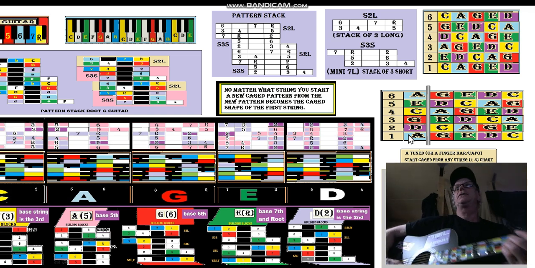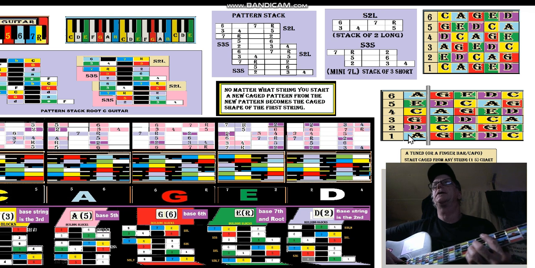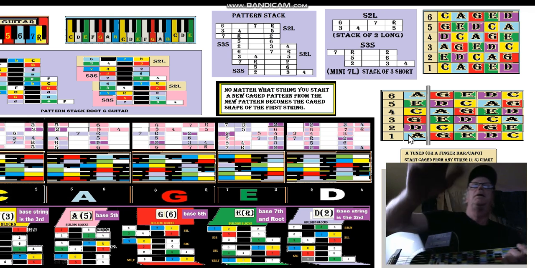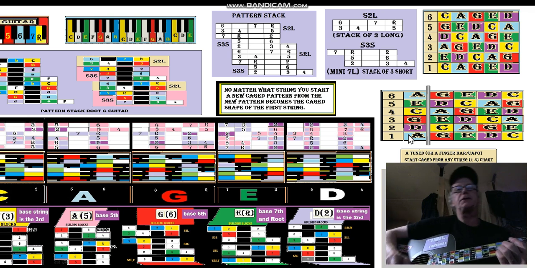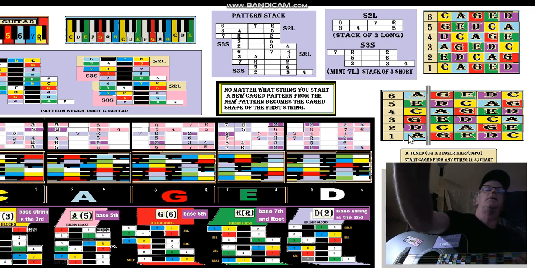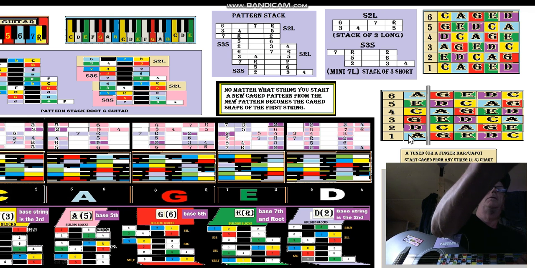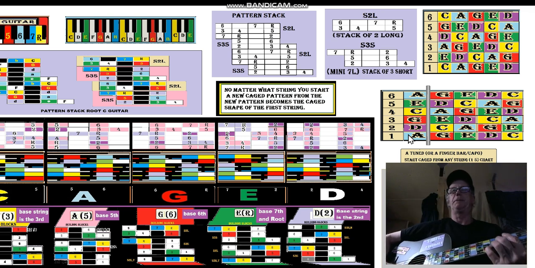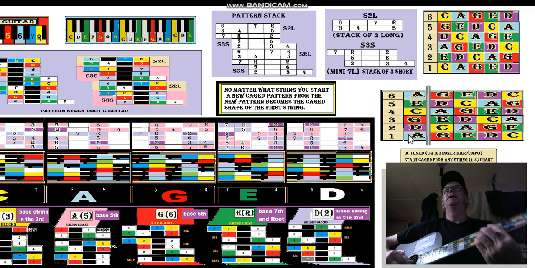You can kind of see this A shape going on here. It's an A-shaped D. I think it's a second inversion. Probably like I moved my pinky over onto this D here.